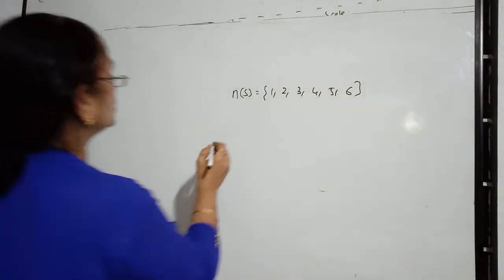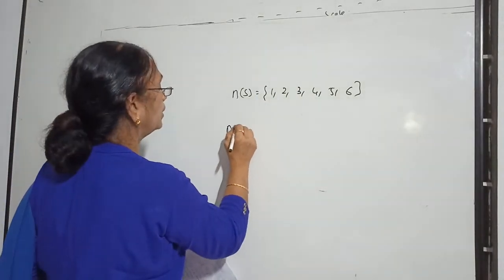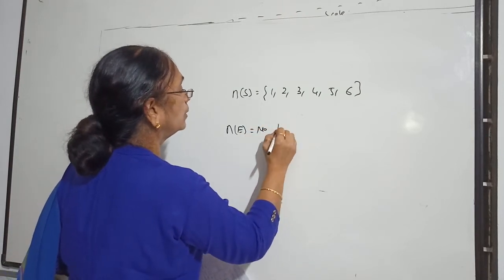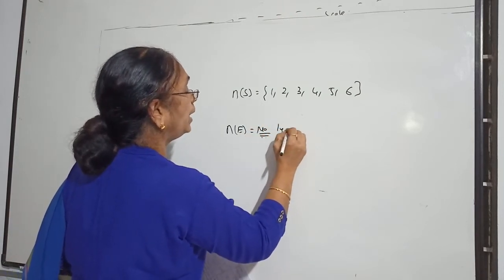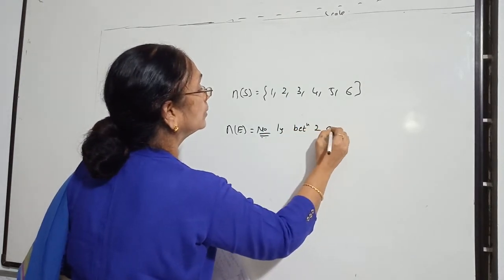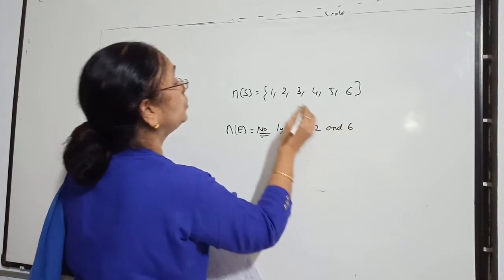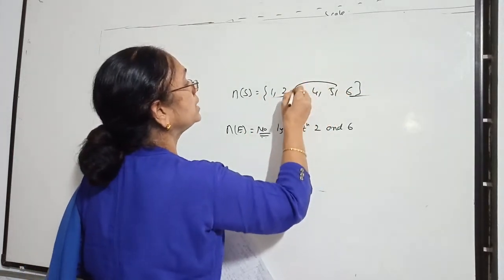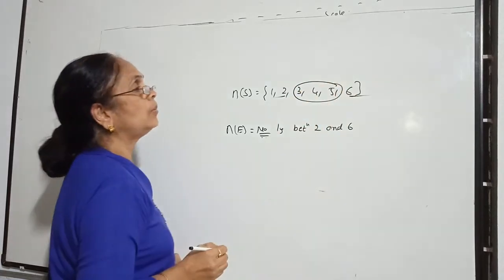So first one they are asking any numbers lying between 2 and 6. So between 2 and 6 means you should not take 2, should not take 6. So between 2 and 6 are here, 3, 4, 5.